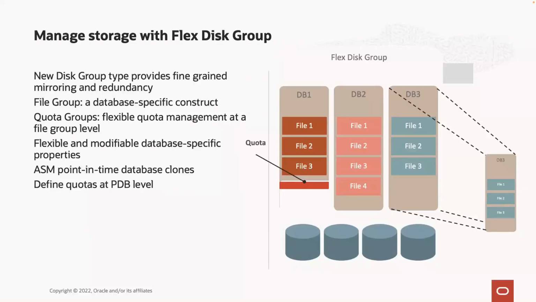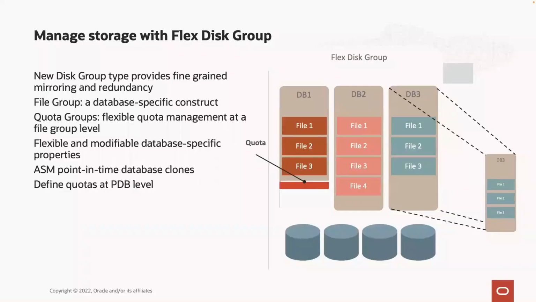Well, you can set up quotas. When you consolidate, you can set up quotas for some of these databases. You could set a quota at the PDB level or at the database level. How do you do that? If you manage your ASM disk groups with what we call the flex disk group, the new type of disk group that we introduced in 12.2, you can create what we call a quota group. So if you have 3 databases here, you can say database 1 has a maximum quota.